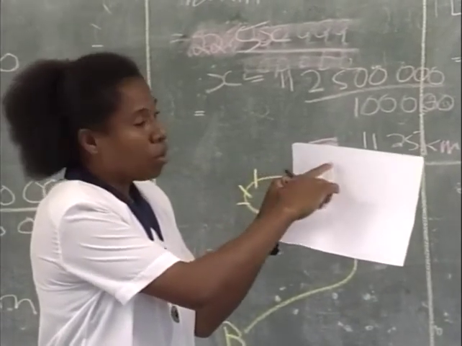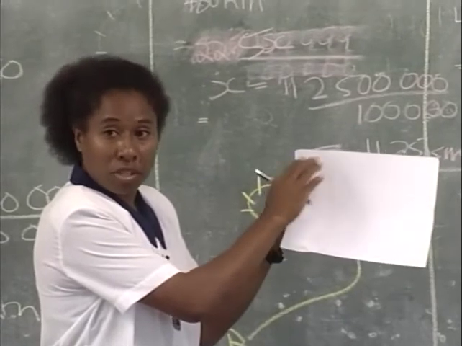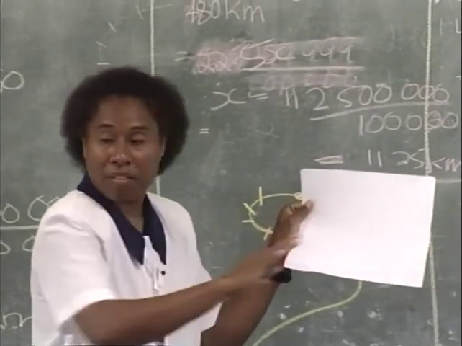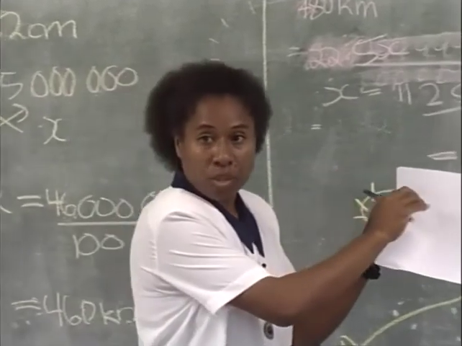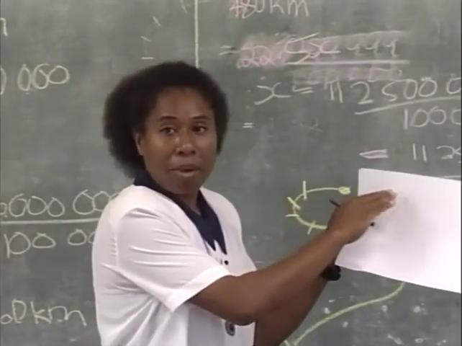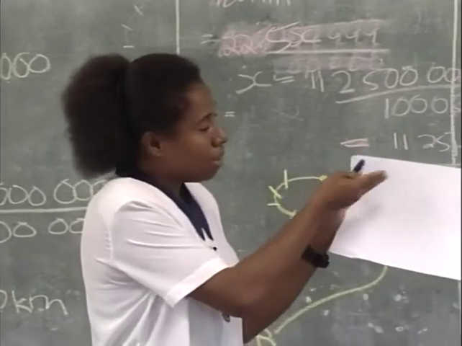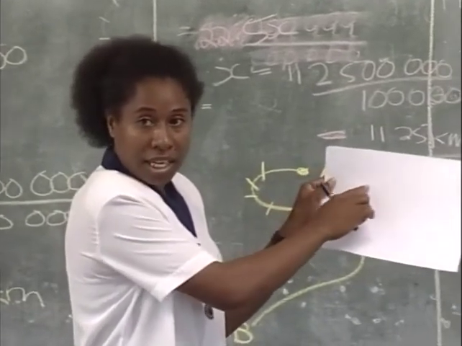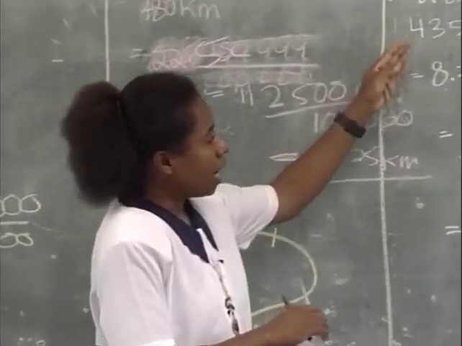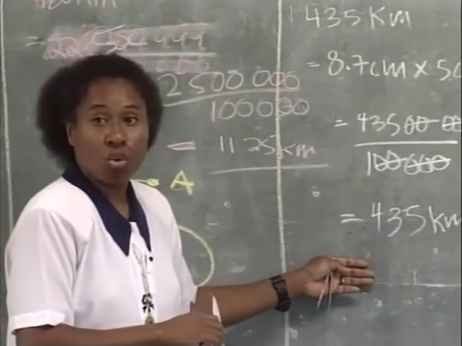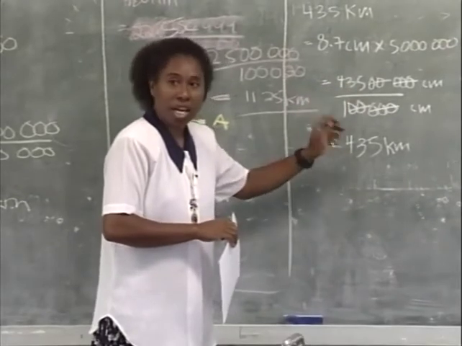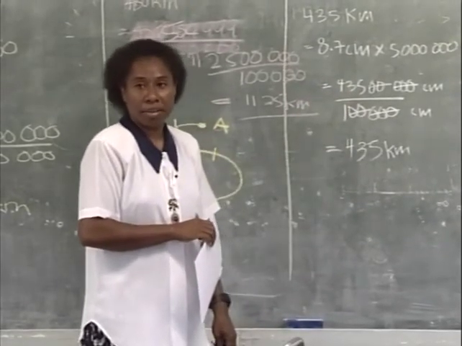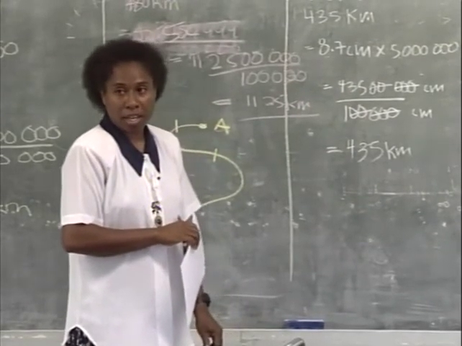Because this is the subpath which I have taken out from the atlas or the map using the dividers, I know my measurements in centimeters by simply placing a ruler here to measure the distance. And then I can use this method to calculate not the straight line, but the distance along the road from A to B. Are you following? Okay.